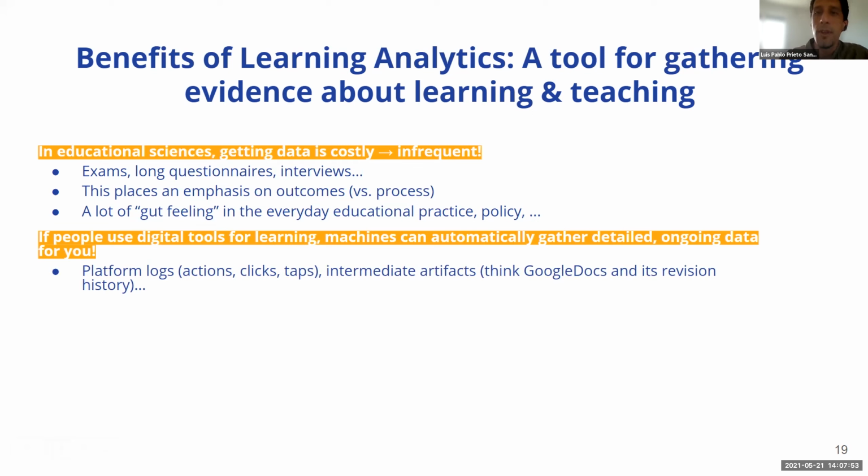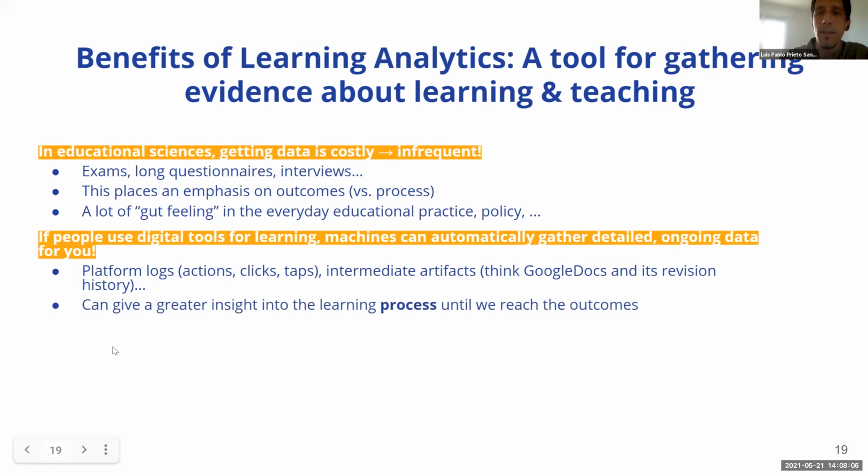If you think of Google Docs, for example, as a classic thing, you can see the whole history of the document, and that can give you an idea of the process that was done to reach the outcome. For example, if it's a group activity, like we did some minutes ago, by seeing how the document evolved over time, we can see who contributed more or less, who took up ideas from whom, and so on.